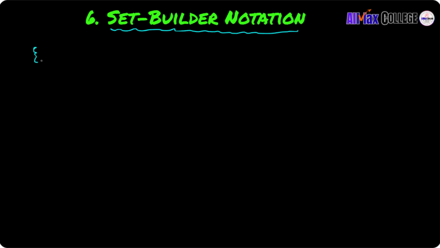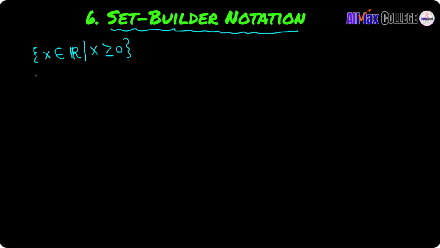Curly bracket, x, epsilon, R for real number, and such that, that's the vertical bar, such that x greater than or equal to 0, and closing the curly bracket.